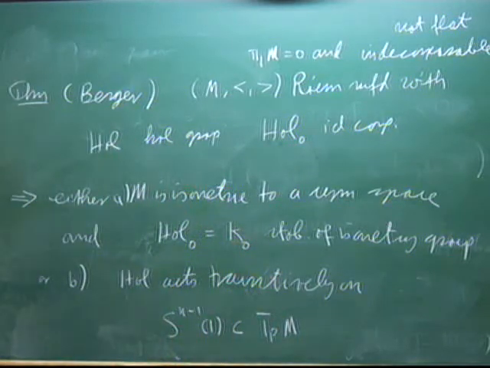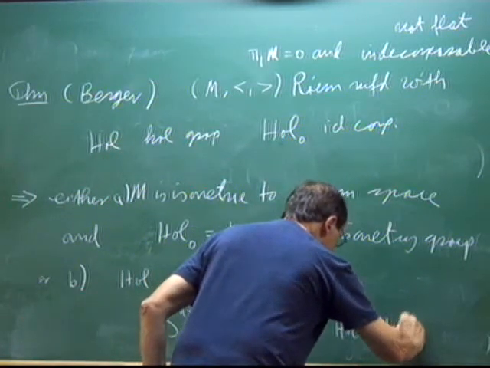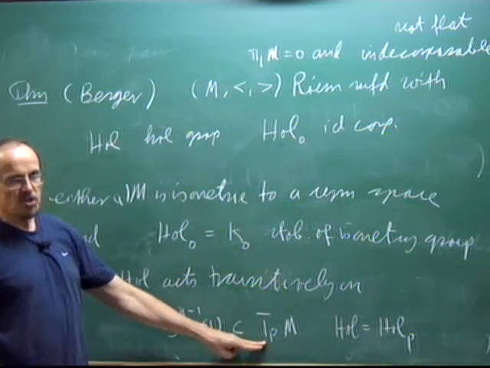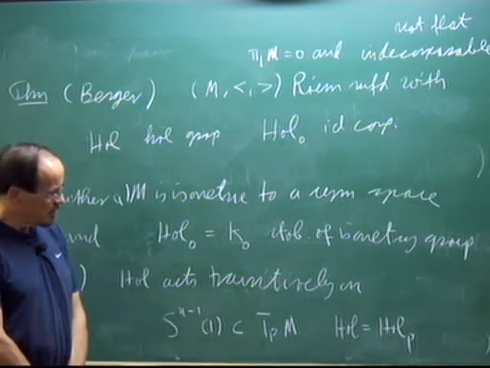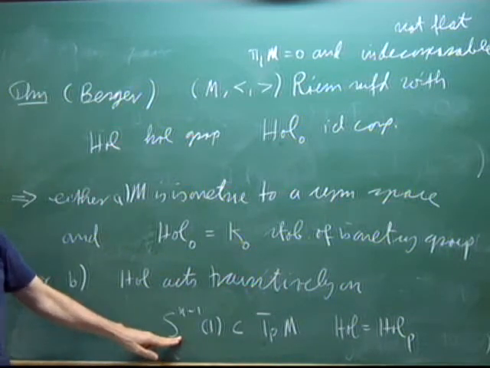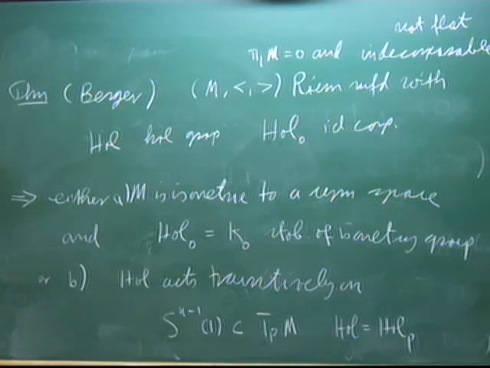Right, so Hol here is the holonomy group at that point. So it acts on the tangent space via isometries. So it acts only by isometries, that means it acts also on the unit sphere. And I'm saying that that action must be transitive on the sphere. So that's really special.